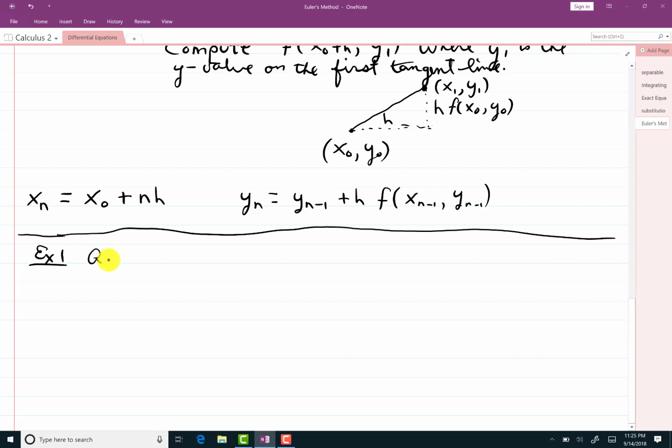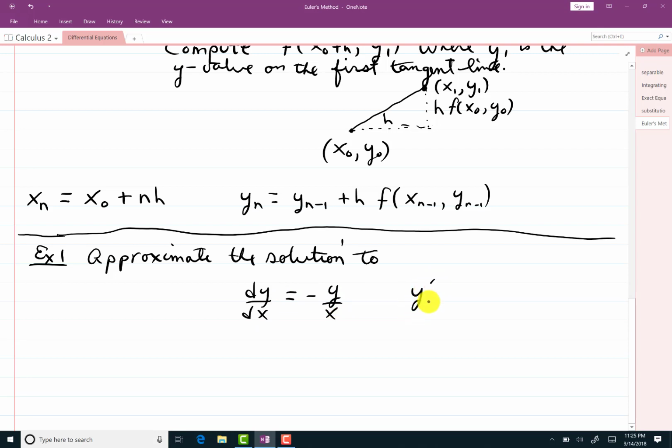Approximate the solution to dy over dx equals negative y over x, and you are given that y of 1 equals 2. So in particular, we're starting x naught equals 1, y naught equals 2. So we'll put that in there. x naught equals 1, y naught equals 2.